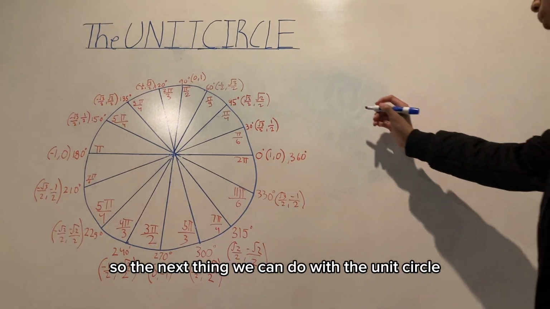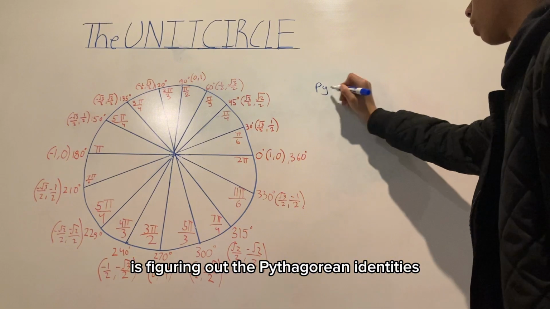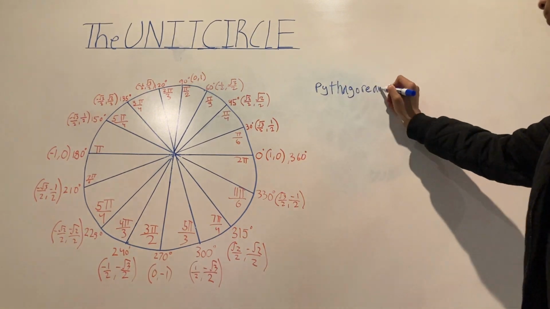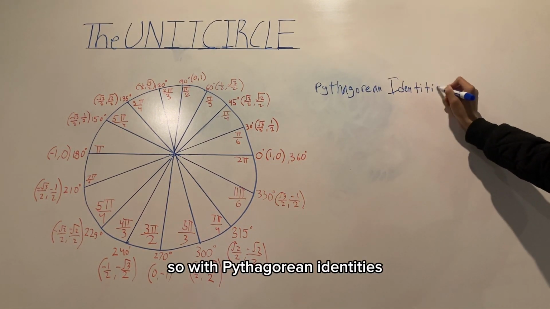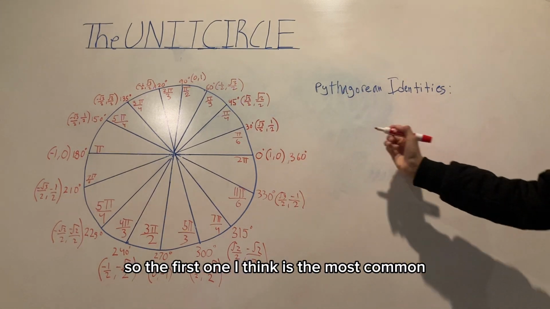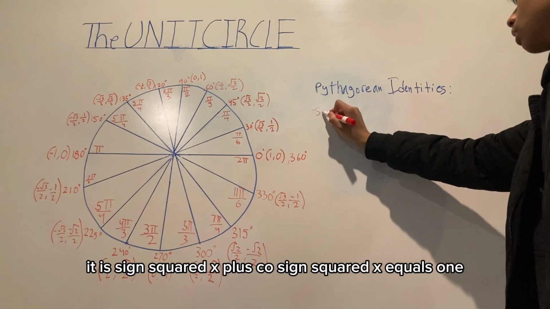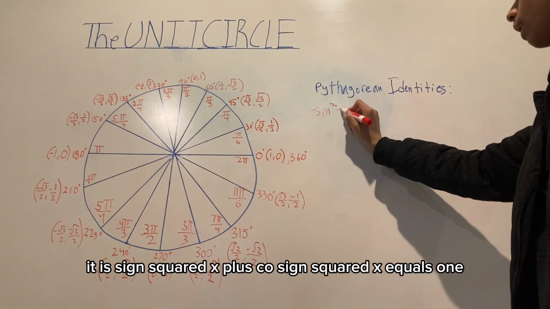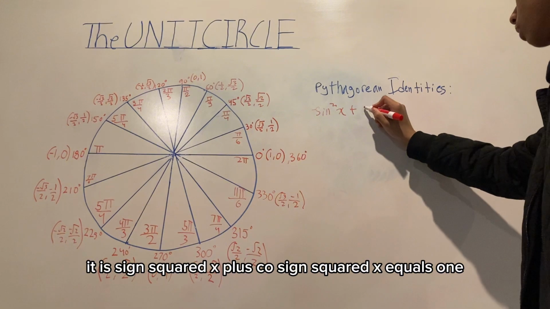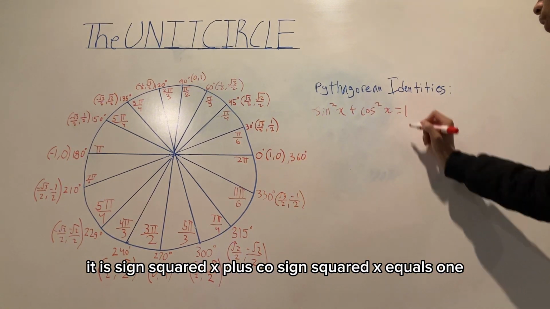So the next thing we can do with the unit circle is figuring out the Pythagorean identities. With Pythagorean identities, there's 3 common ones that people use. The first one, I think, is the most common. It is sine squared x plus cosine squared x equals 1.